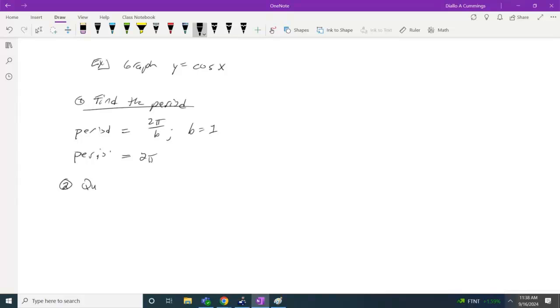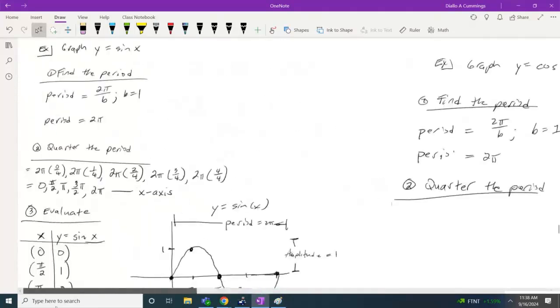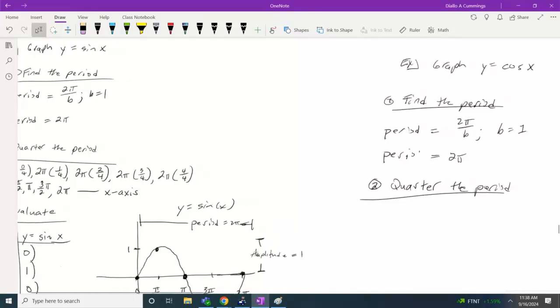The second thing we're going to do is quarter the period. Since the period is 2 pi and the period on the sine function was also 2 pi, I can use these same values, right? Because once we quarter 2 pi, we're going to get these exact same values.